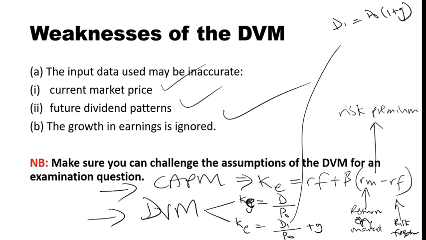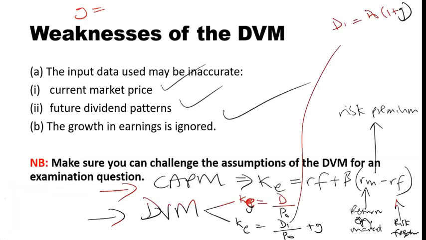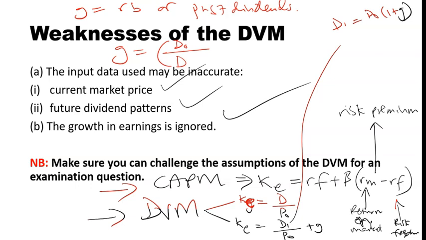We have also shown you that to calculate the growth in dividends, g can be found by rb or by the past dividends method, where we'll be using some form of geometric mean, where we say that g is equal to (dn over d0) to the power 1 over n, minus 1.